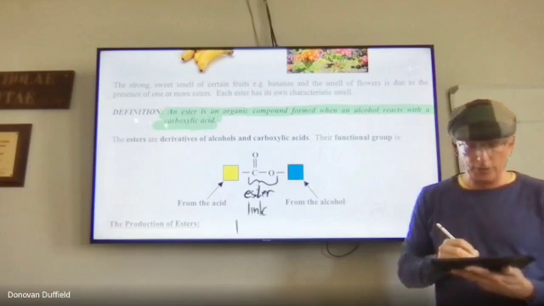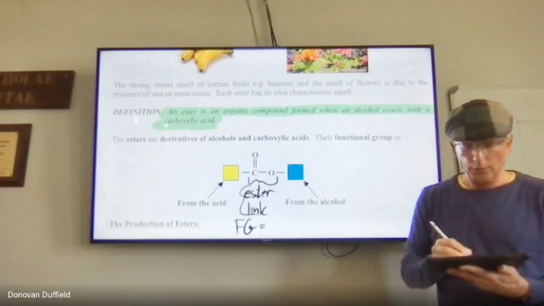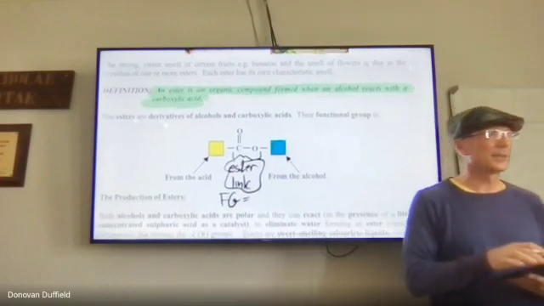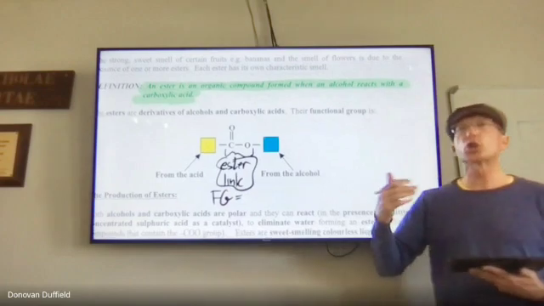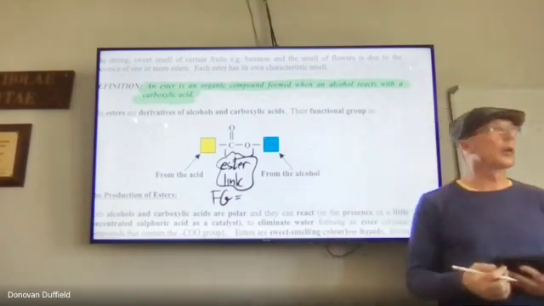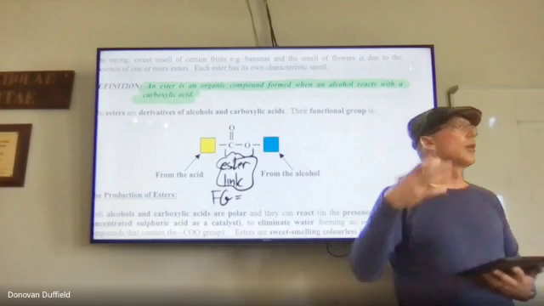So the functional group for esters is known as the ester link. The homologous series, the family of these compounds, is known as the esters.